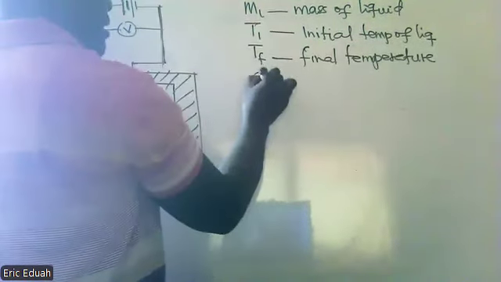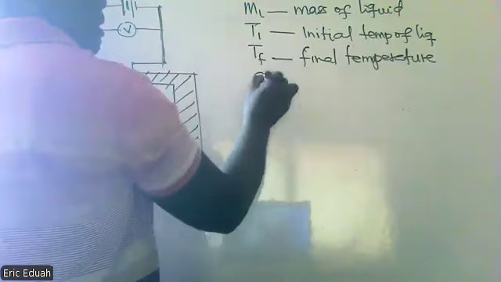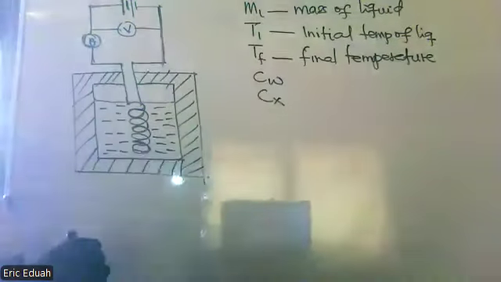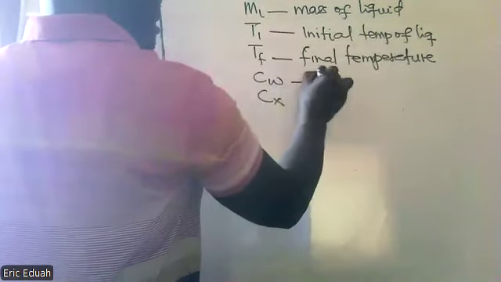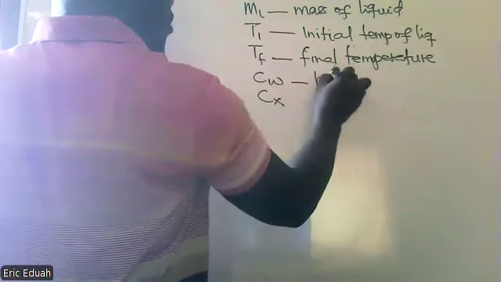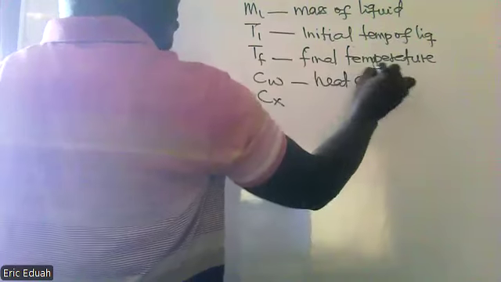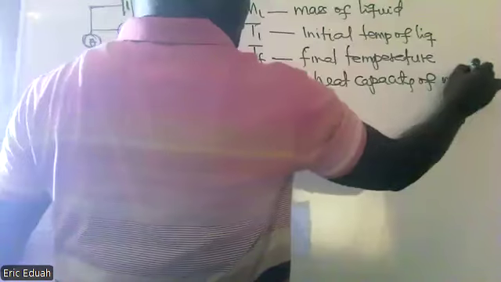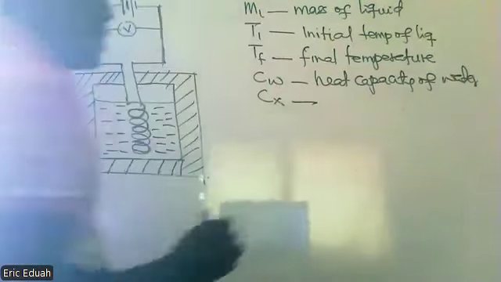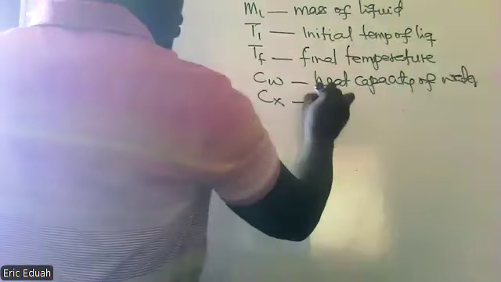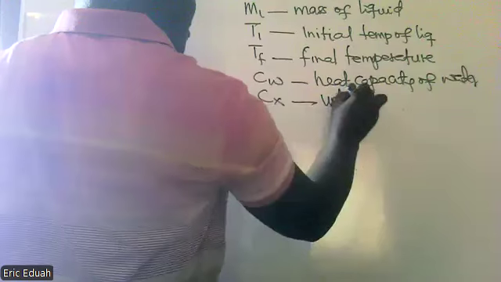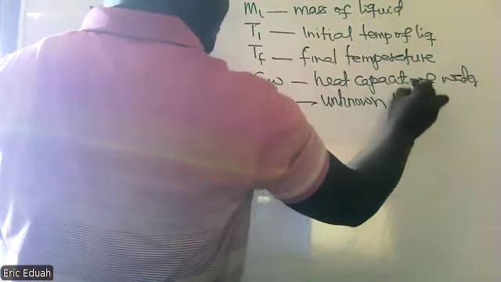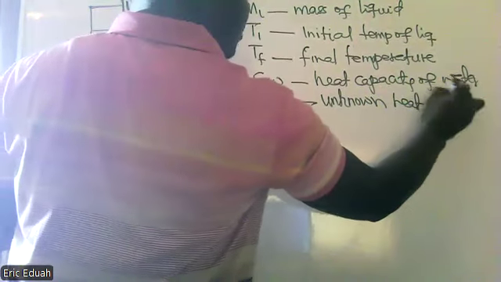Then CW or CL and CX represent the heat capacity of water. Then CX is the unknown heat capacity of the liquid. That's what we are looking for.